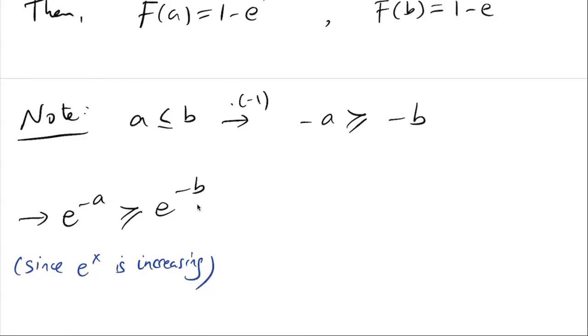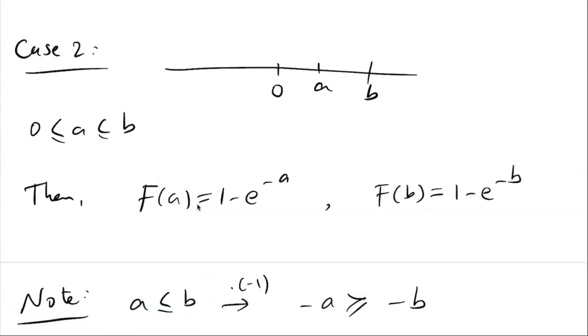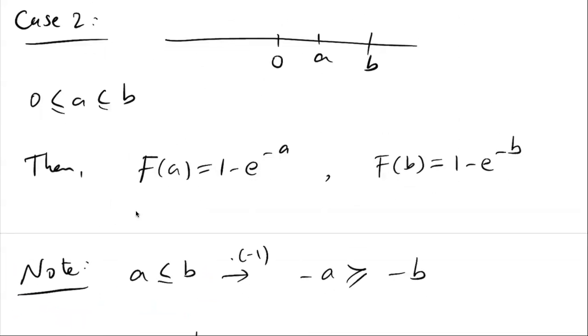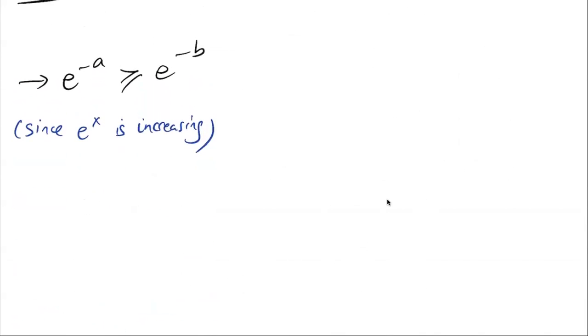And if I multiply both sides by minus 1, because here, look at here, I have minus e to power minus a and minus e to power minus b. Right now, I have e to power minus a and e to power minus b. So if I multiply both sides by minus 1, I'll get minus e to power minus a less than or equal to minus e to power minus b.